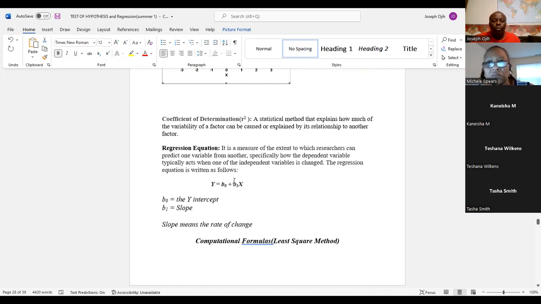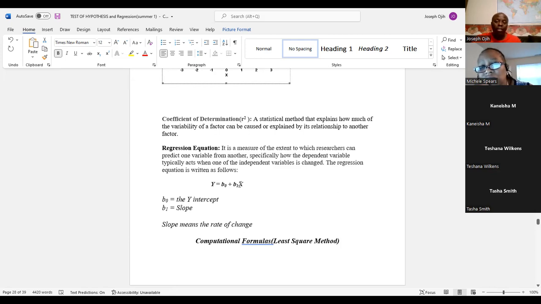Then we try to develop a model using the regression equation. That equation measures the extent to which researchers can predict one variable from the other, especially the dependent variable.